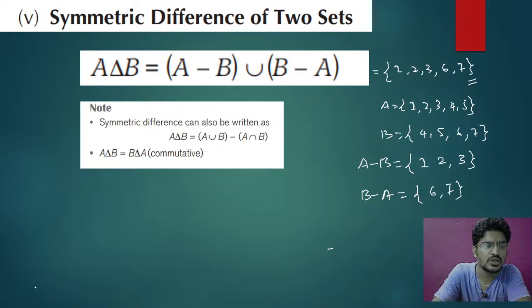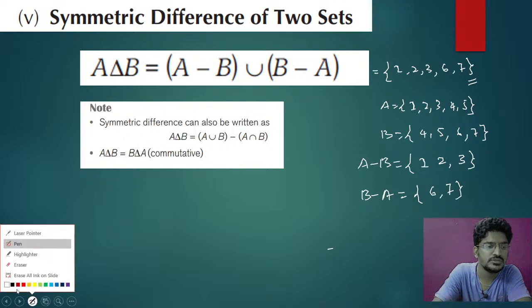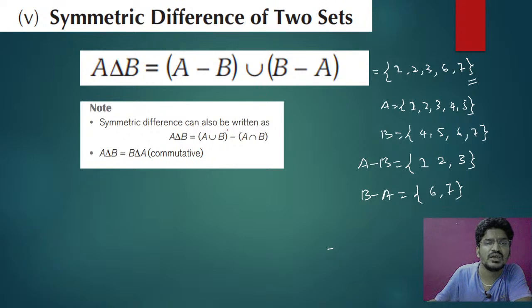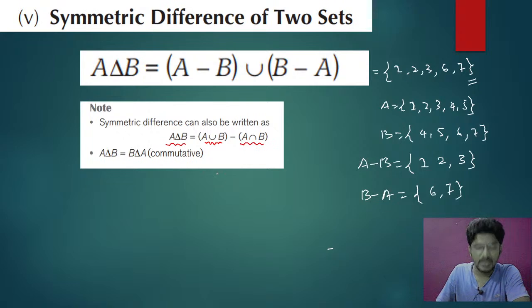Next, see the note. That is, A delta B is also written as A union B minus A intersection B. You can say this is another formula.